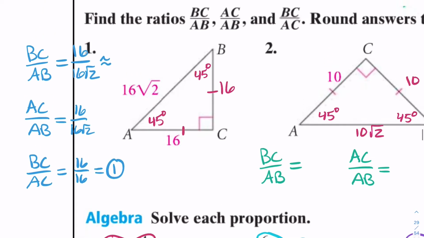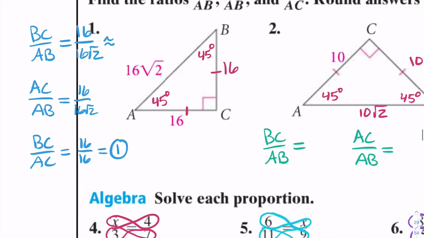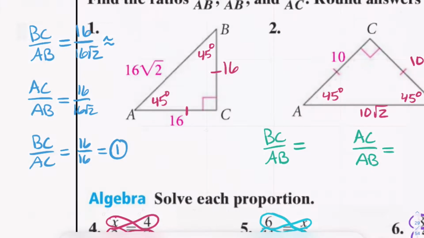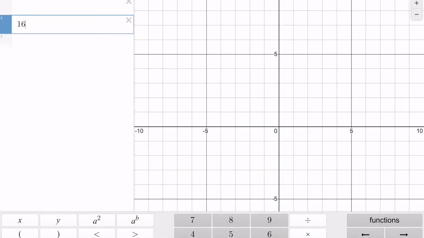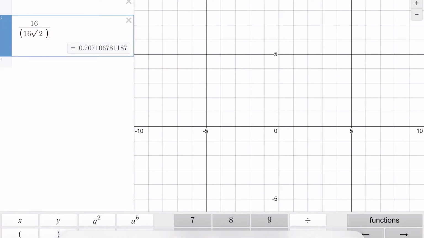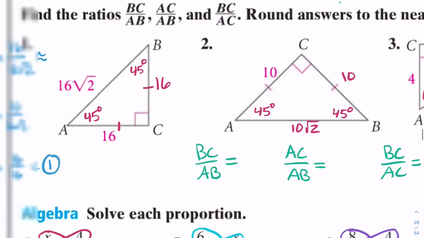Let's do 16 over 16 square roots of 2. I never asked for AB. Yep, okay. So 16 over 16 square roots of 2. Notice I'm putting in parentheses. I want to make sure it divides that whole thing. So it's about 0.707. But it wants the nearest hundredth.